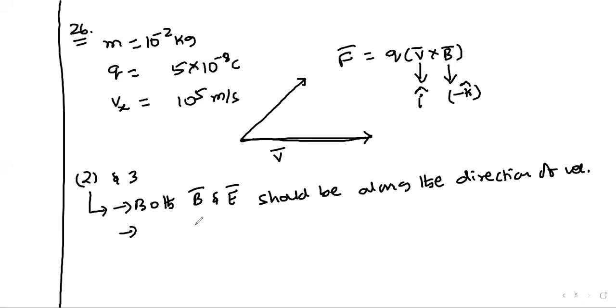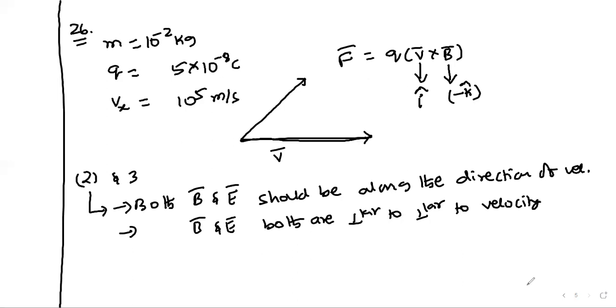if B bar and E bar both are perpendicular to velocity, then also the particle will move along the x-axis. In electromagnetic waves, we get E bar equal to V bar cross B bar, so V bar must be perpendicular to both the electric field and the magnetic field.